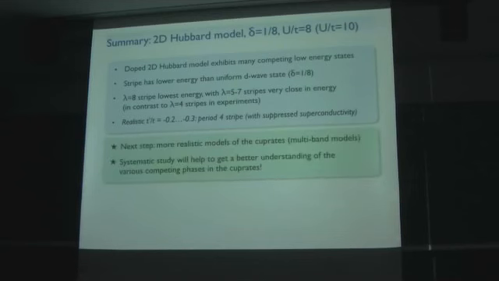Now, this is not the end of the story, but rather the beginning, because now we can move towards even more realistic models. In principle, it's not really more difficult to also do multiband Hubbard models with iPEPS. I think a systematic study of different parameter sets for different cuprate families will really help to get a better understanding of all these competing phases, and for example help to answer why stripes can be observed in certain families of the cuprates, but in other families they are not observed.